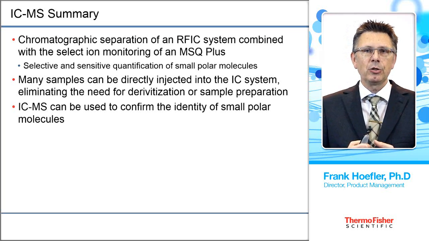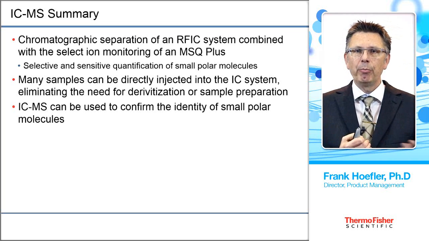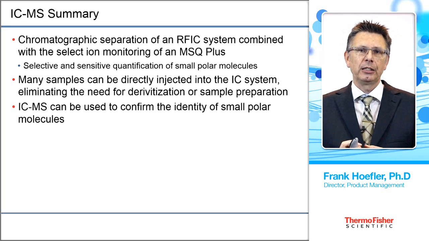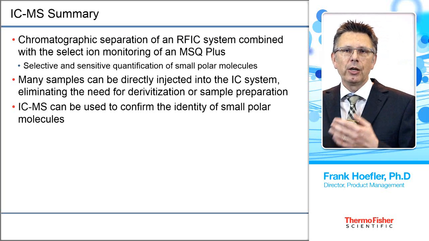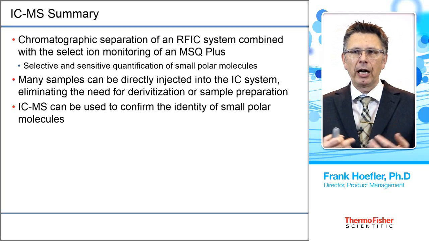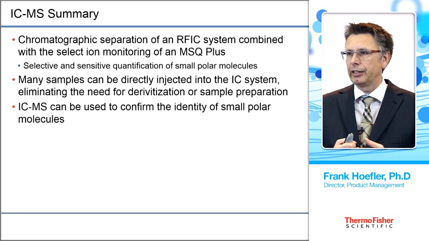It is easy to do gradient separations on the mouse click. The pumping system of the IC is only using water, and the suppressor converts all the eluent ions into pure water. So we are eliminating any ion suppression effects on the MS side.